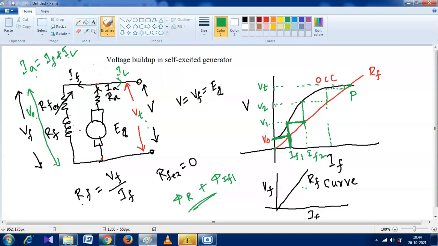Next, IF3, like that, and this process will go on. The meeting point of these two curves is P, and the final point should be P, because it goes like that and reaches the P point.